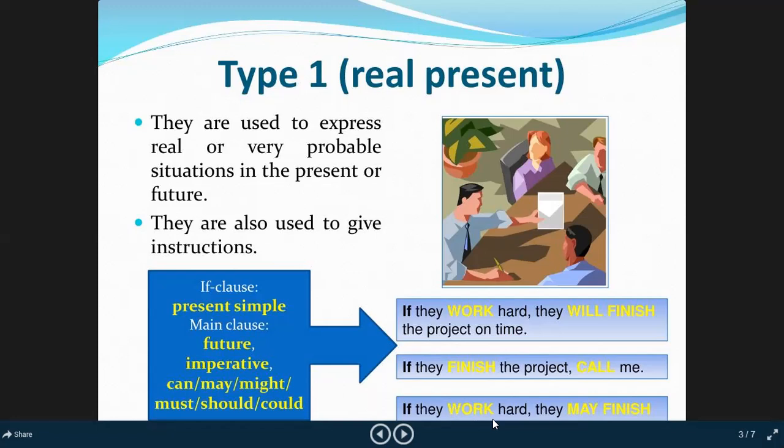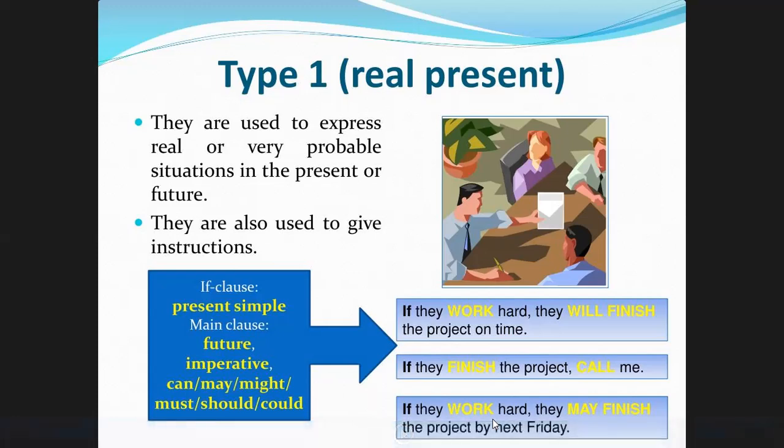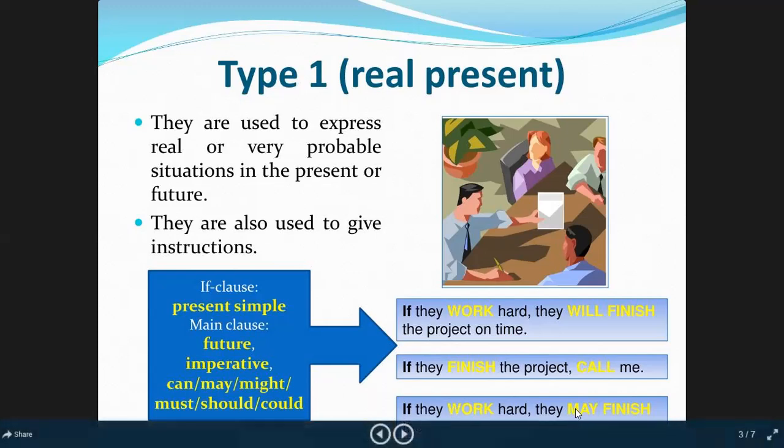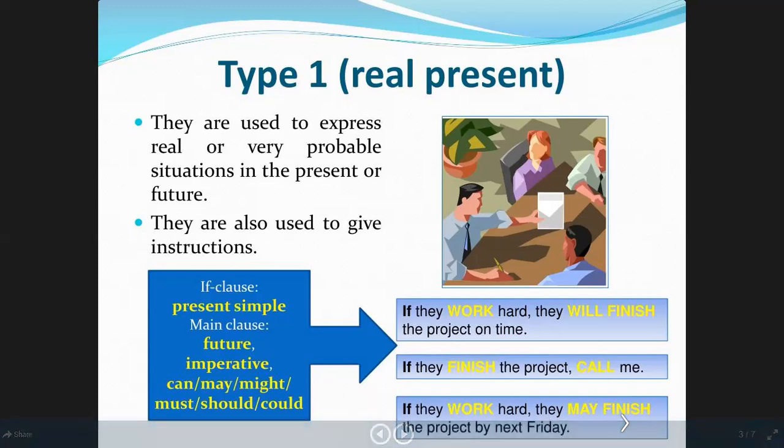Look at the third type of sentence: if they work hard. Now work is present tense again, the first form of the verb. And look at the main clause, there is a use of a modal verb: they may finish, and finish is an infinitive verb. So this we find in type 1 conditional sentences, where we are talking about possibilities in present or future tense.